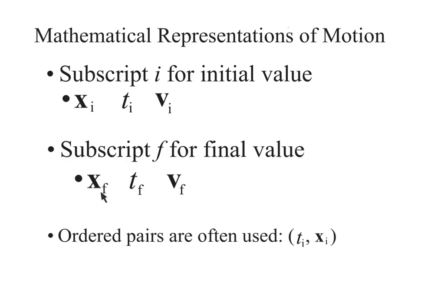And then when you see this f with a specific variable, that is the final value for that. So for example, this t could represent time, initial time, final time. Ordered pairs are often used then to describe two parts. So we could have an initial time and initial placement or location. And they're going to give you that by the variable and the subscript.